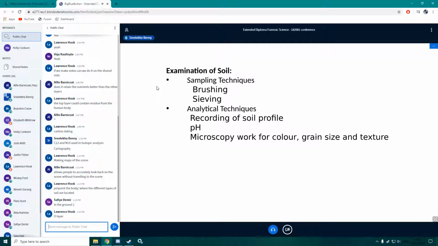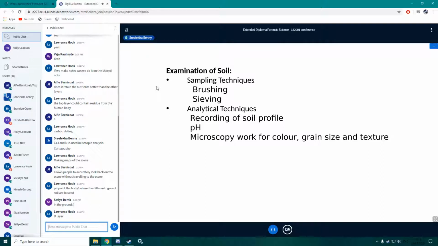So for the soil, the sampling techniques we just talked about are brushing and sieving, and special measures have to be put in place to not contaminate the samples.